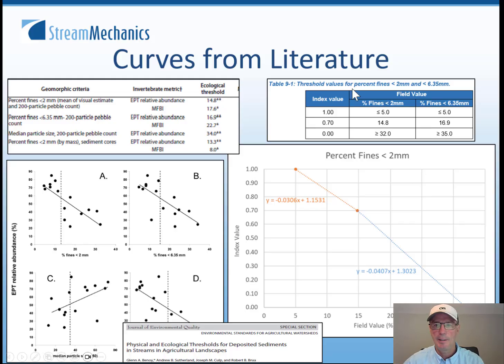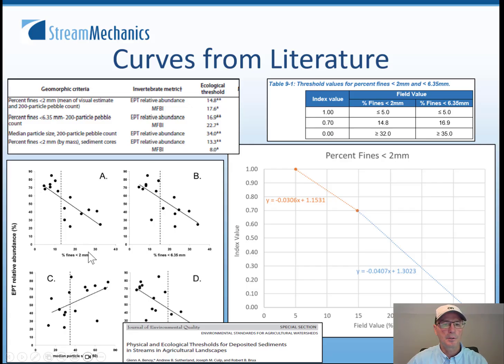And this particular group found a paper, Physical and Ecological Thresholds for Deposited Sediments in Streams and Agricultural Landscapes. There were 2 curves for less than 2 millimeters and less than 6.35. This is just the less than 2.